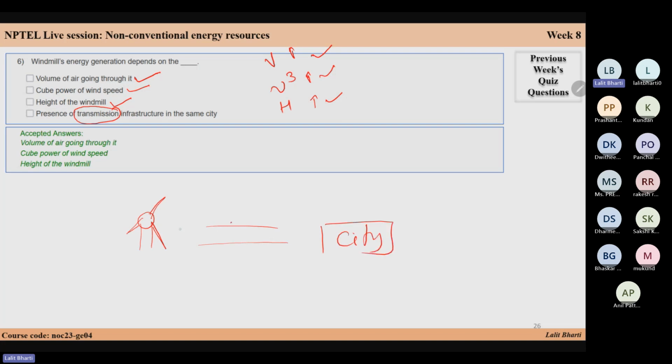These are, let's say, transmission lines, which transmit the generated power from the windmill to your city. So this is not considered, and windmill energy generation will not depend on the transmission infrastructure. That is not correct. So only options 1, 2, and 3 are correct.